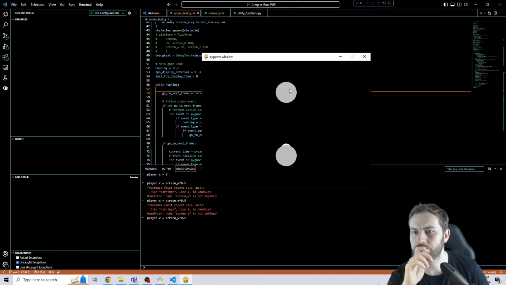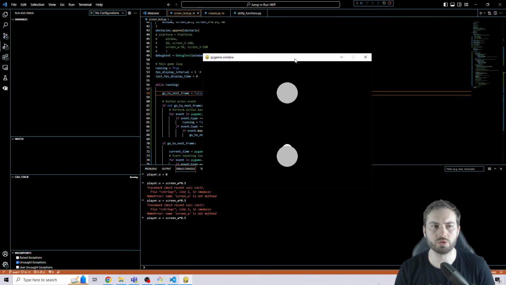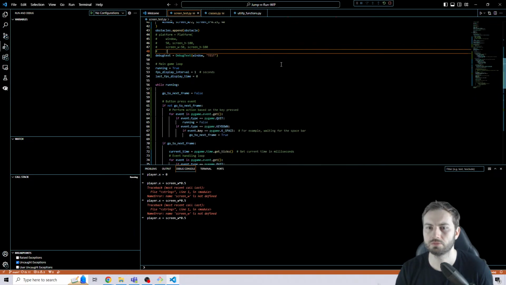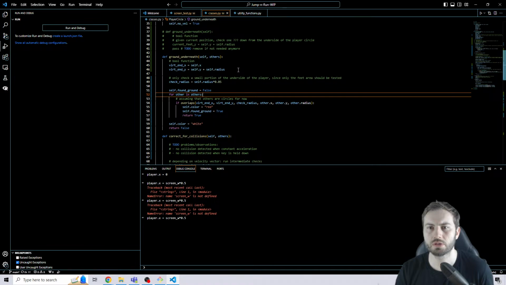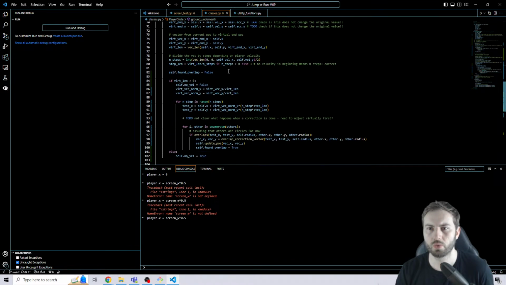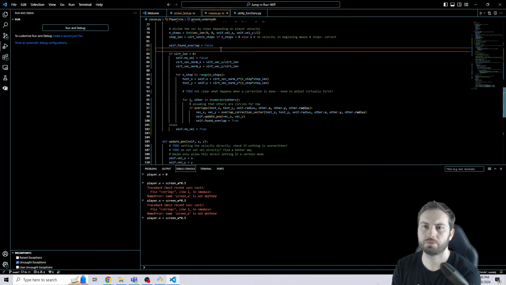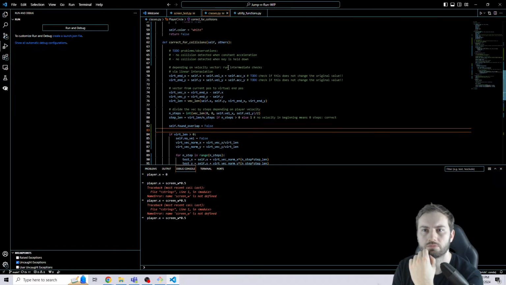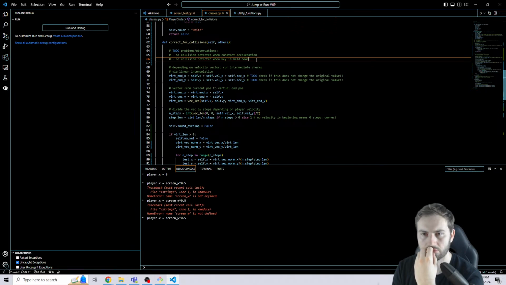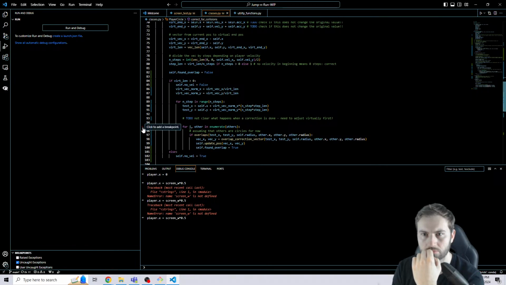Okay. So how can we use it now for finding out if the collisions work? Could probably also set some breakpoints here.